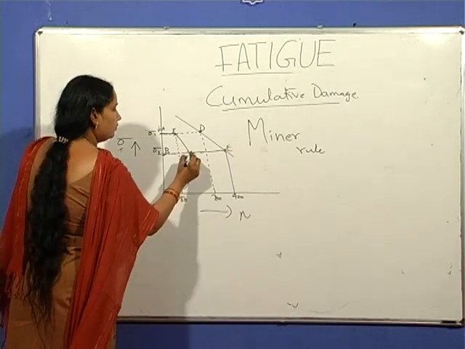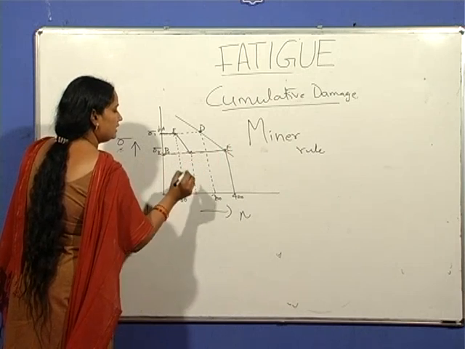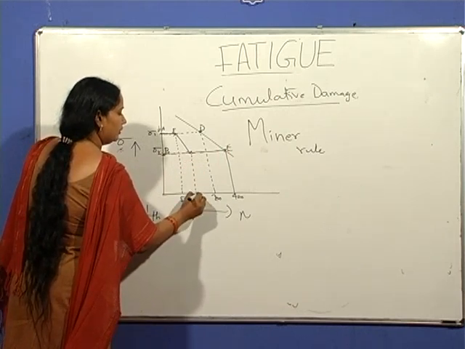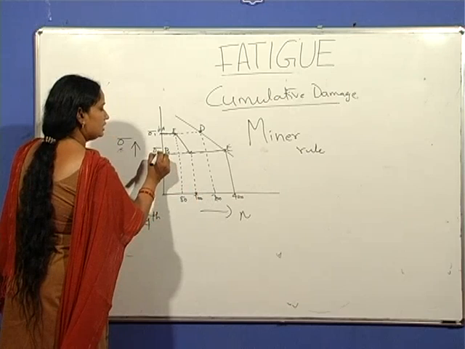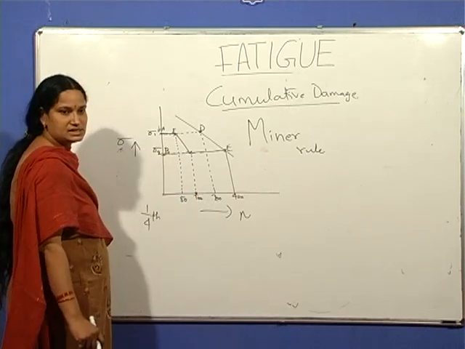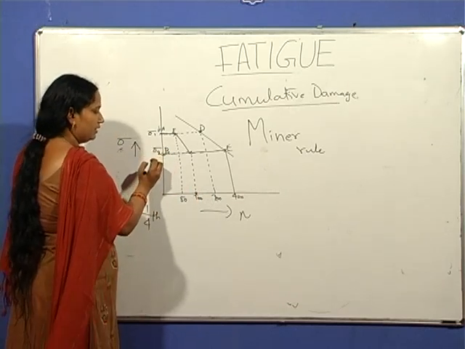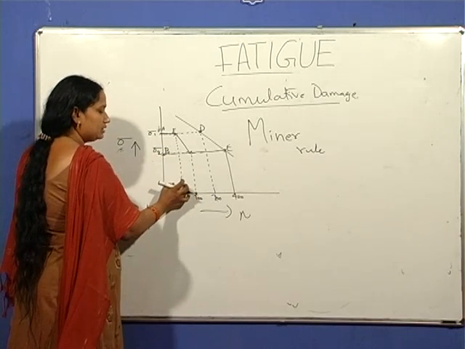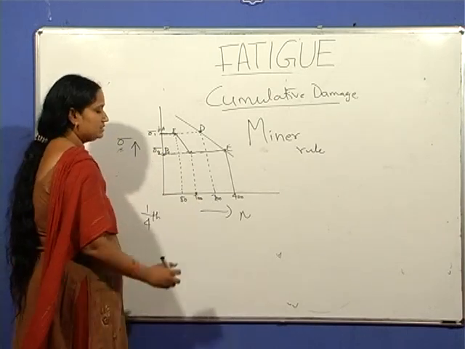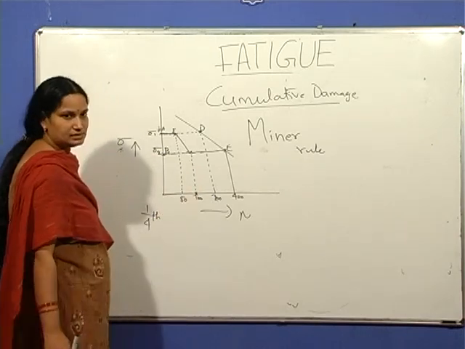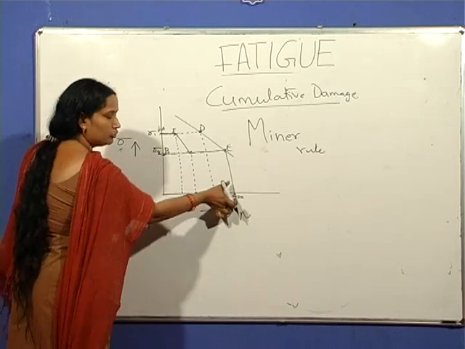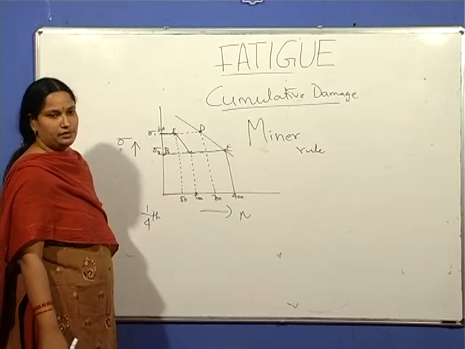So, now it has been subjected to sigma 2, which is the lower stress when compared to sigma 1. The damage accumulated is about 100 cycles, with 400 being the total life.